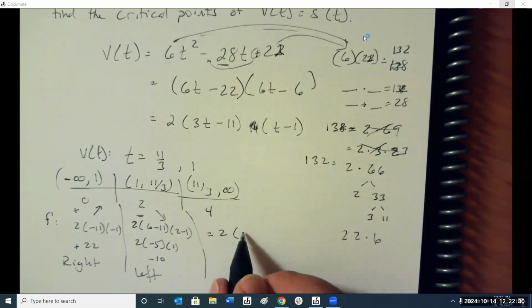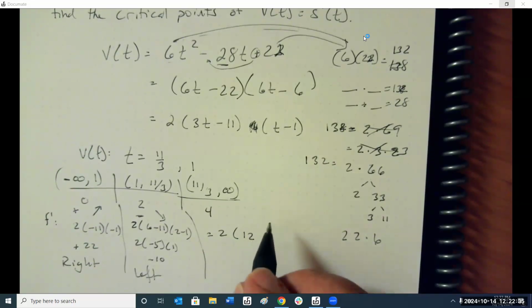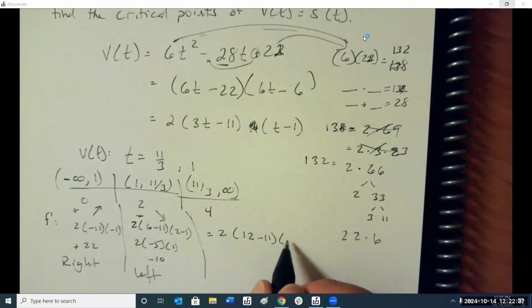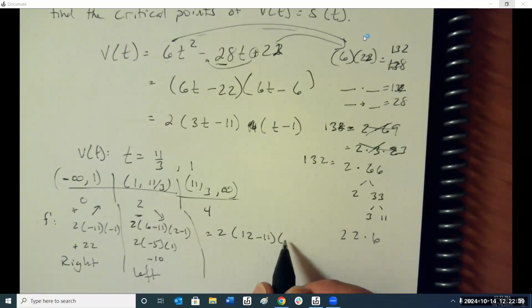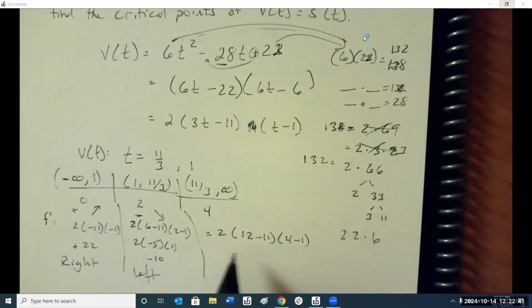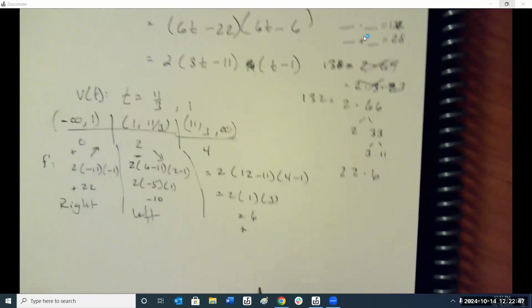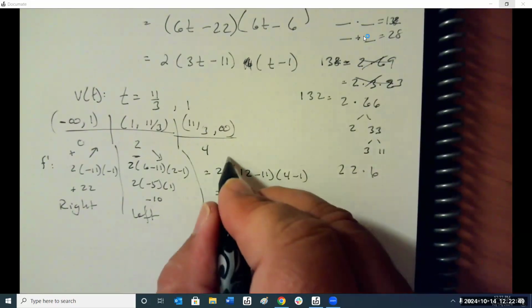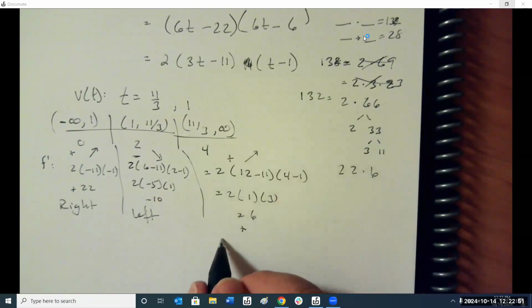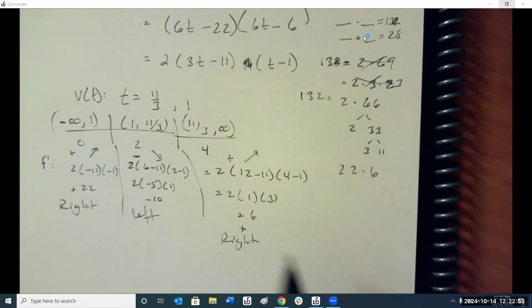With 4, 12 minus 11, 4 minus 1, 2, 1, 3, 6. So it's positive, it's going up, and it's moving to the right.